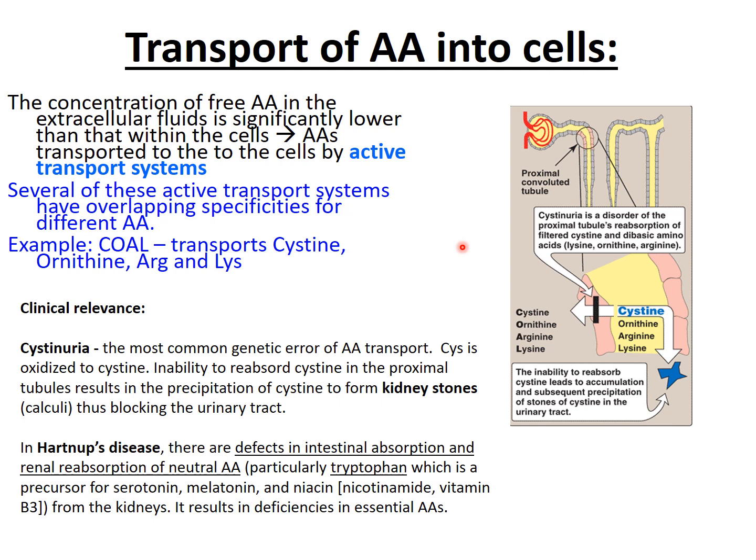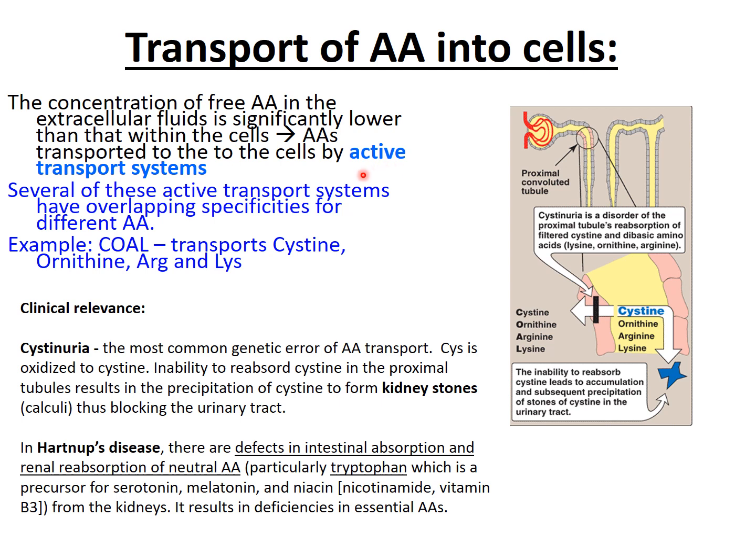So we have the amino acids. Amino acids are coming from the diet or spit out by the cells and going to another cell, and they need to be transported into the cells for further utilization. We have active transport systems in every cell to take these amino acids and put them through the membrane.